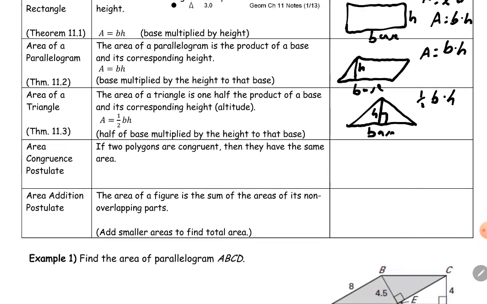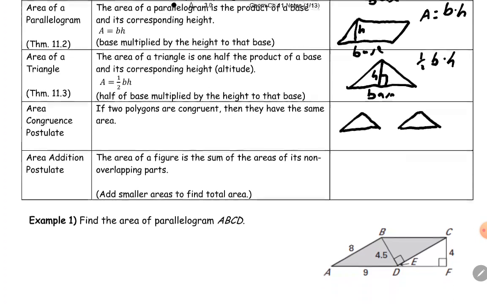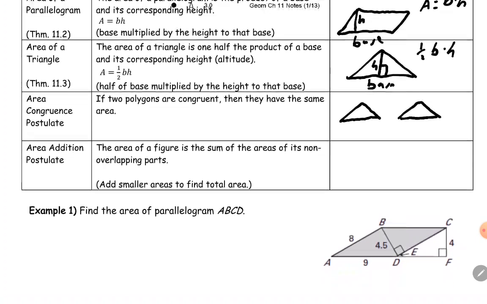If two polygons are congruent, then they have the same area. Area addition postulate. The area of a figure is the sum of the areas of its overlapping parts. So let's say we have an odd figure.